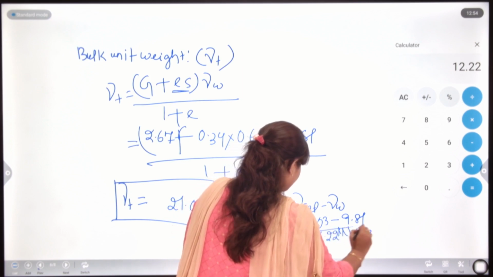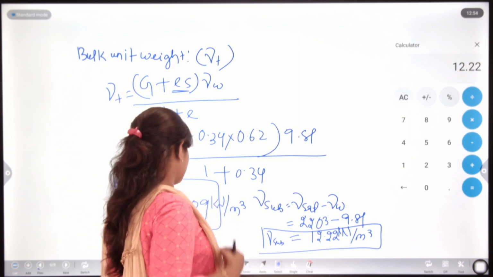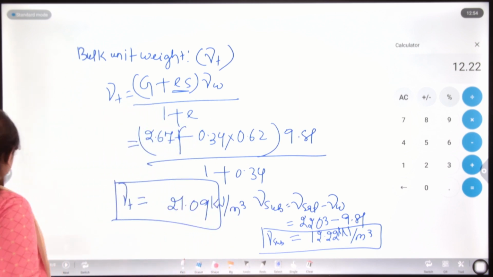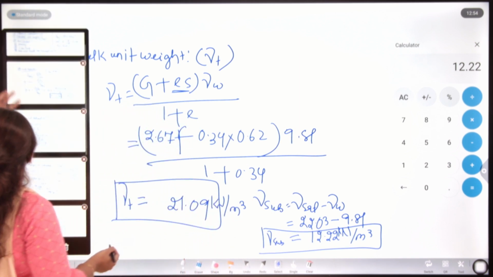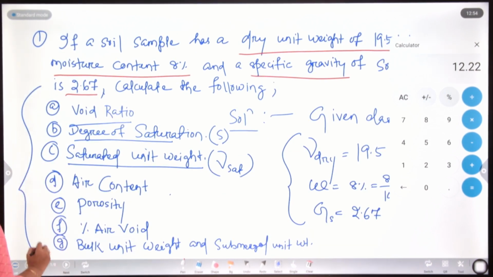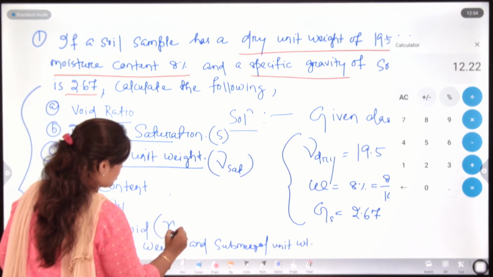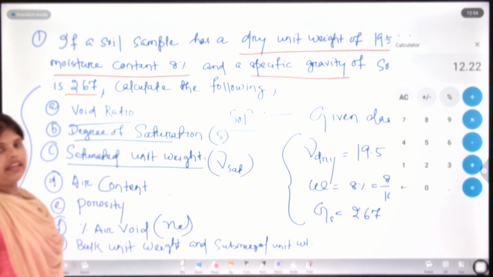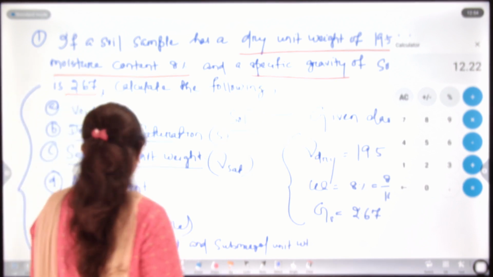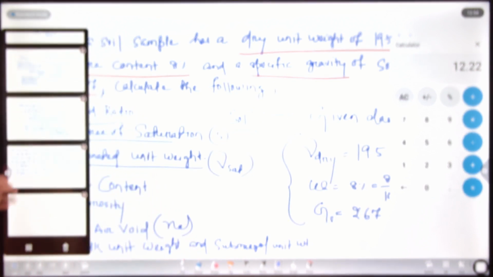Here we got all the values that are asked. Percentage air void is denoted by eta A.